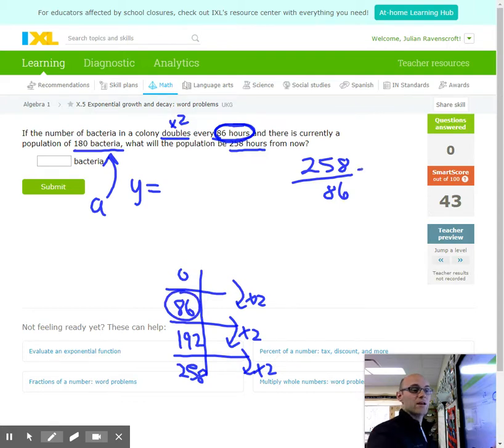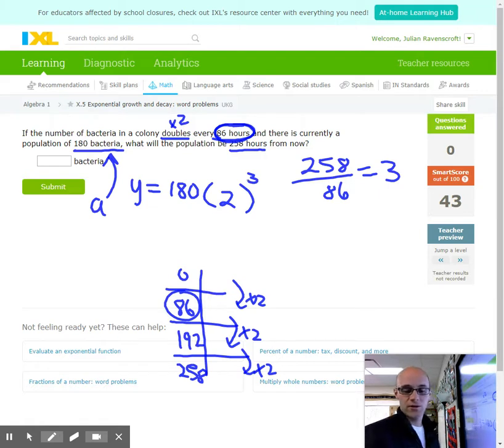And if you divide it and you get 3, well, that just means that there's going to be 3 times that it doubles. So our equation looks pretty similar. We just say the amount, which is the 180, and then we're going to multiply that times 2, right? How much it's growing by. And the exponent here is actually going to be 3 because you're doing that 3 different times. Okay, so there's another example.